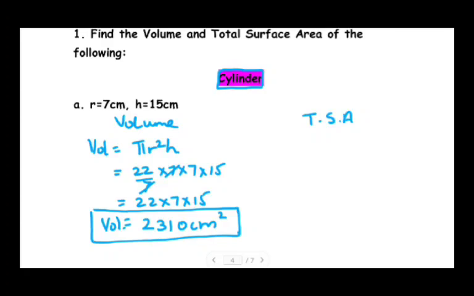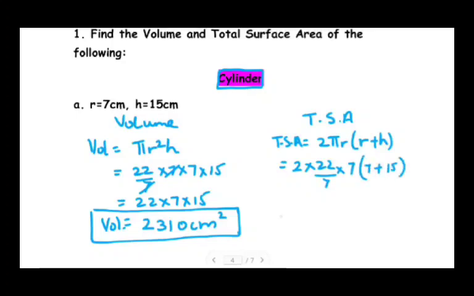What is the TSA, total surface area formula? TSA is equal to 2 pi r times r plus h. 2 into 22 upon 7 into 7. 7 plus 15. 7 gone.